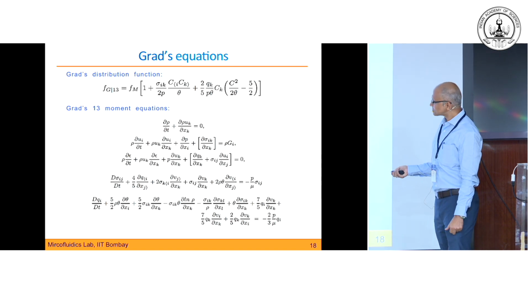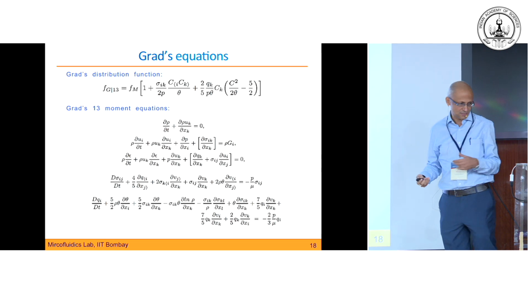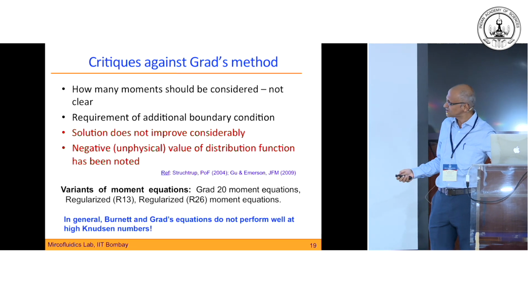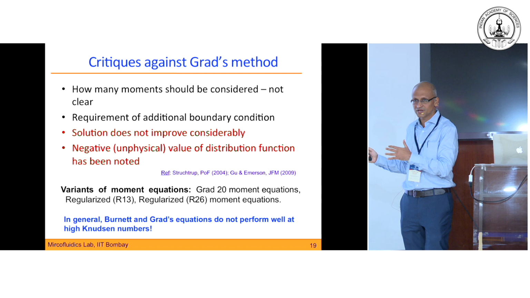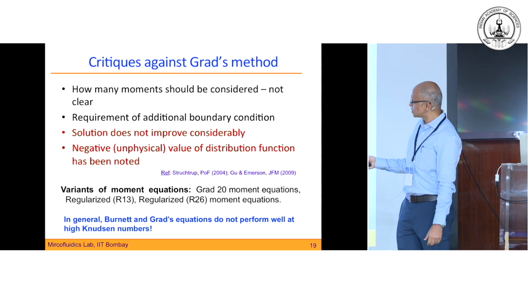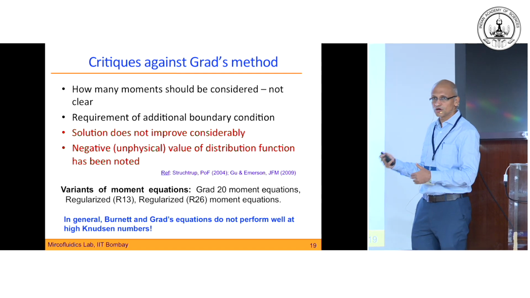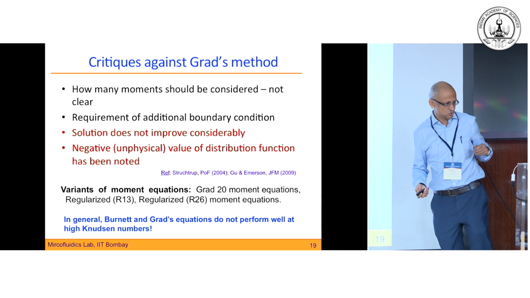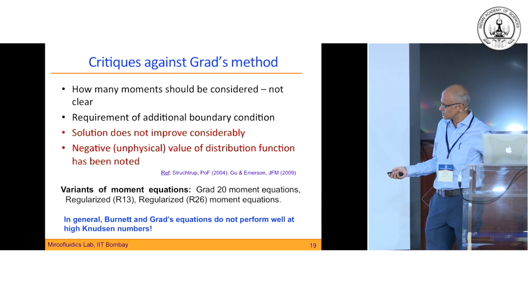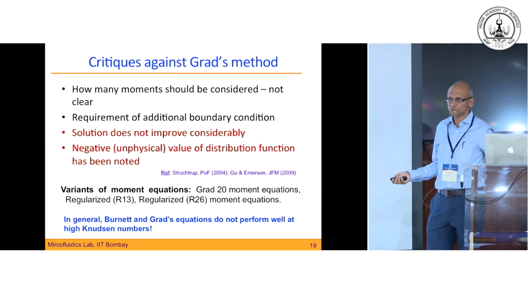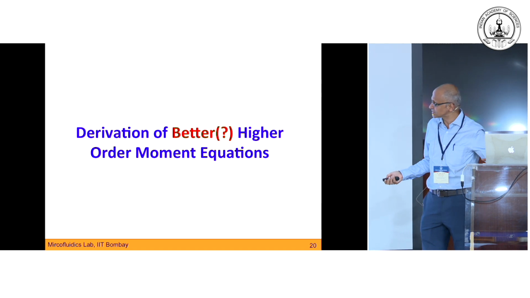That's the alternative approach that we have. But again, even with all this complicated system of equations, we find that the solution does not improve considerably. So it is not really worthwhile, is what people have found. And again, there are a lot of variants of these equations that exist.